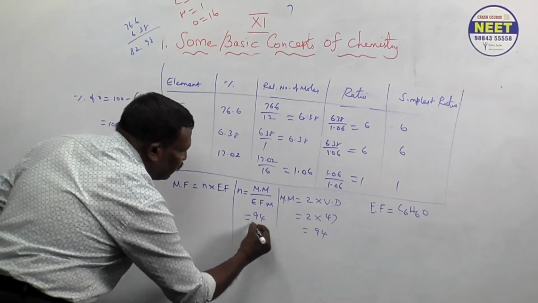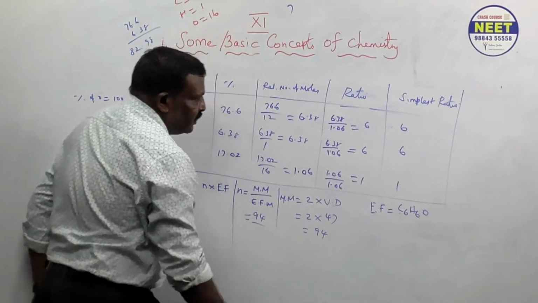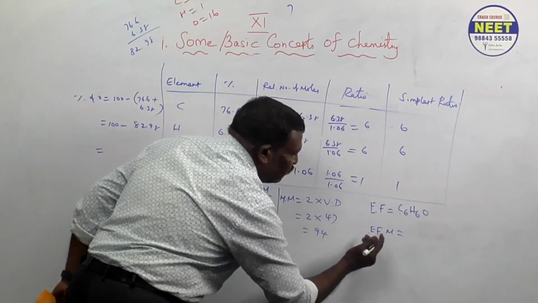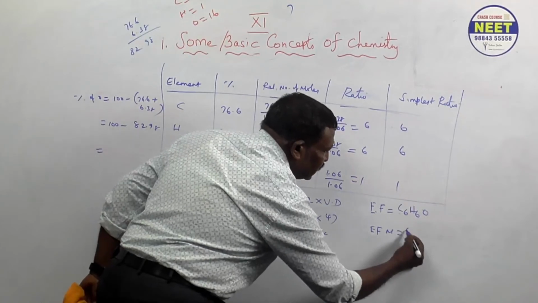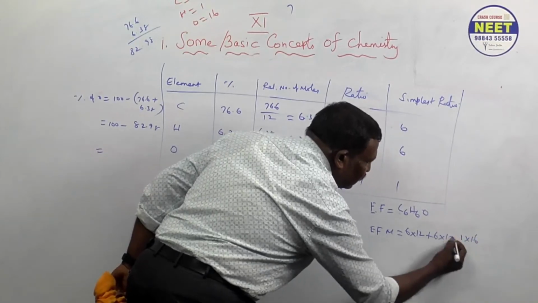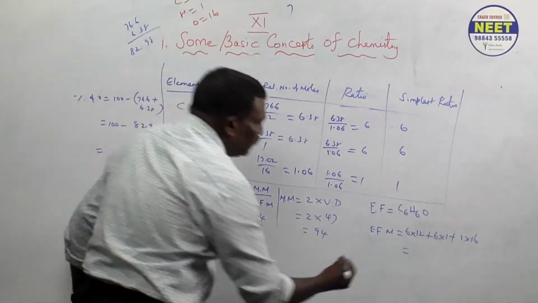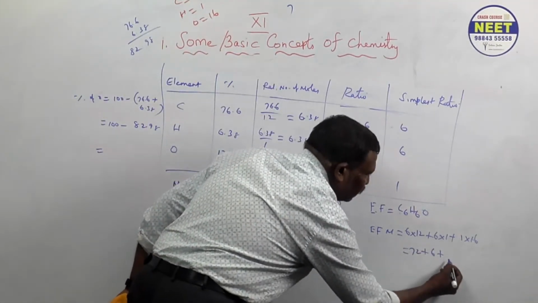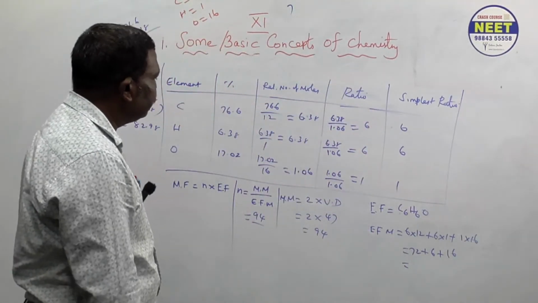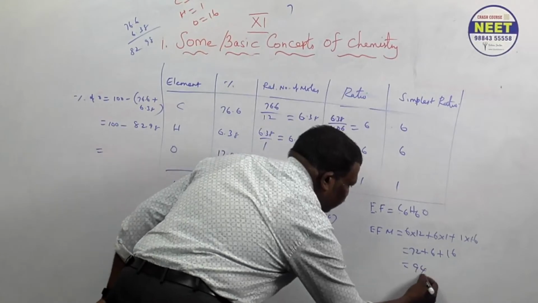You put it here: 94 by the empirical formula mass we found. What is the empirical formula mass? 6 into 12 plus 6 into 1 plus 1 into 16. Add all this: 72 plus 6 plus 16, that is 94. If you add all these, 94. Okay, understood?